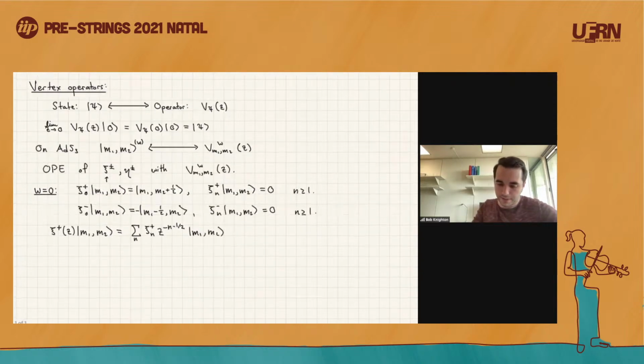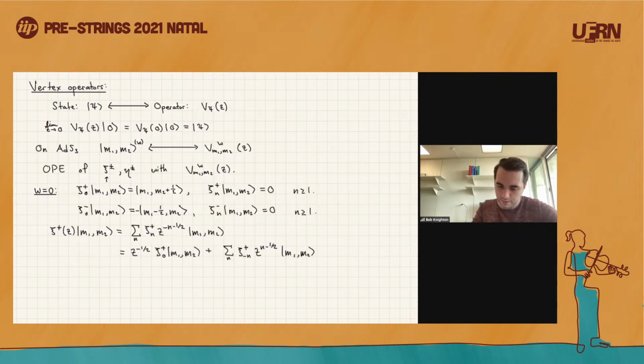Because m1, m2 is highest weight, this gets rid of a lot of the terms in the sum. So what you're left with is z to the minus 1/2, psi 0 plus, acting on m1, m2, and then a sum over n, where I'll change the sign on n just to make things clearer, of the negative modes acting on m1, m2.